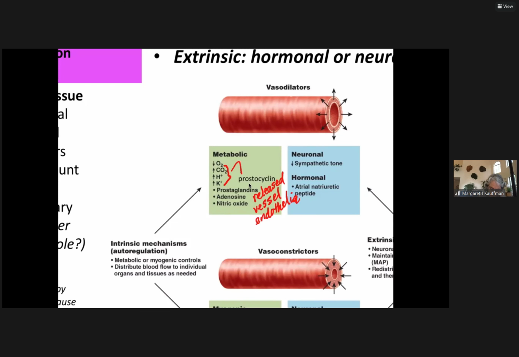So in a way, this causes the release of those things by the endothelia. And it's really those things that are causing the vasodilation. So the conditions trigger the release of things like nitric oxide and prostacyclin to allow for there to be vasodilation.